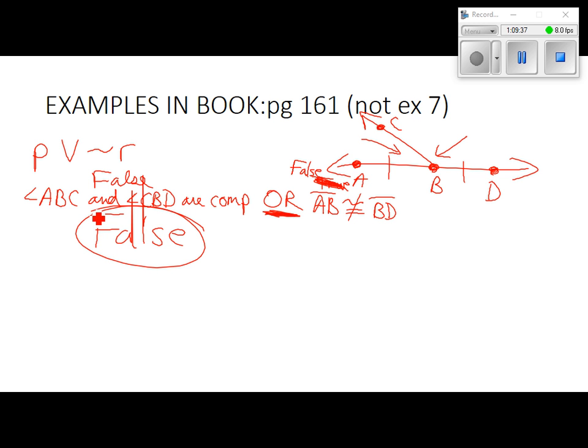Look over at the next page. Just real quickly. Example 3, part B. Another performance will be scheduled if the first one is sold out. We want to write that as an if-then statement. So if what?